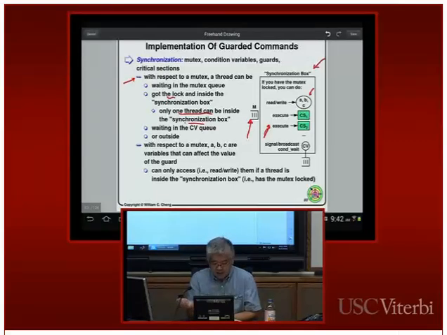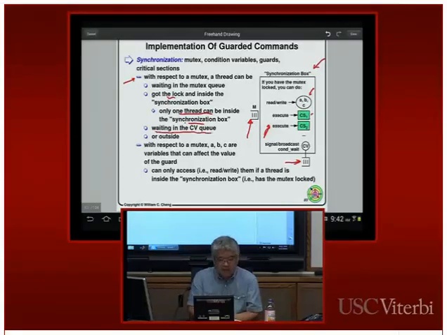Therefore, when you're inside the synchronization box, you can modify all these variables that are associated with the guard, A, B, C, D. You can execute critical section code, or the other thing that you can do is go wait for a condition variable. In that case, this thread will get moved from inside the synchronization box to the condition variable queue. That's another place where the thread can be.